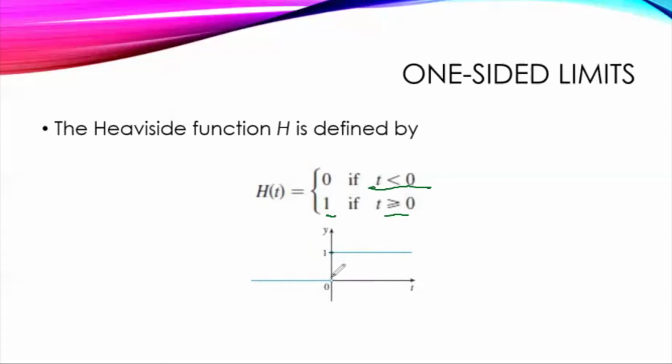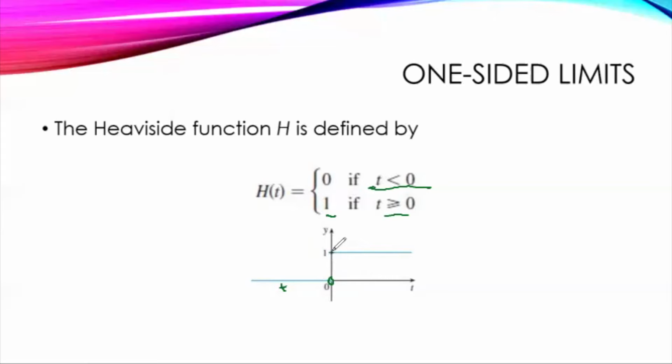Hollow, because t is not included here. So t is excluded, but it is 0 if t is less than 0. These are the values of t from 0 to negative infinity.